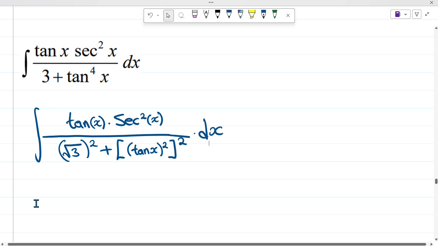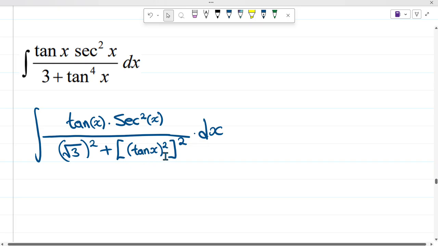We can see that because we have something like a squared plus f of x squared, then we have tan inverse, right? So before we conclude, we need to first make sure that the thing inside the numerator is the derivative of this.